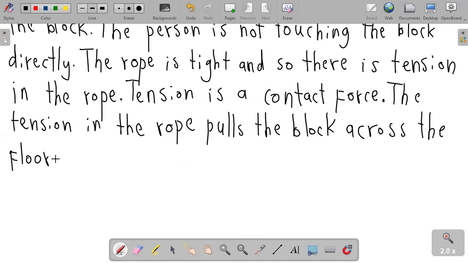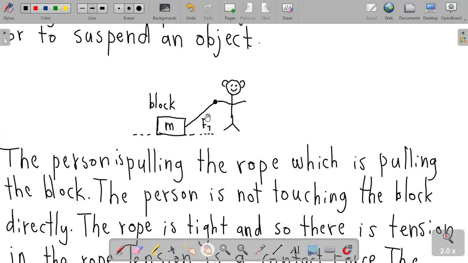So it is a contact force because the rope is in contact with the block here. So the tension force, Ft, is the force formed in the rope, or the string that is attached between the block and the person pulling the rope.